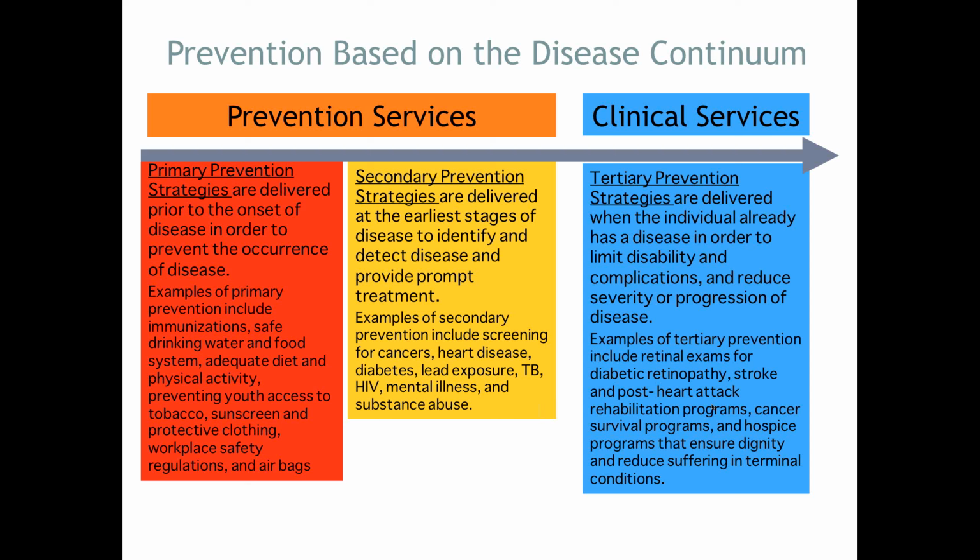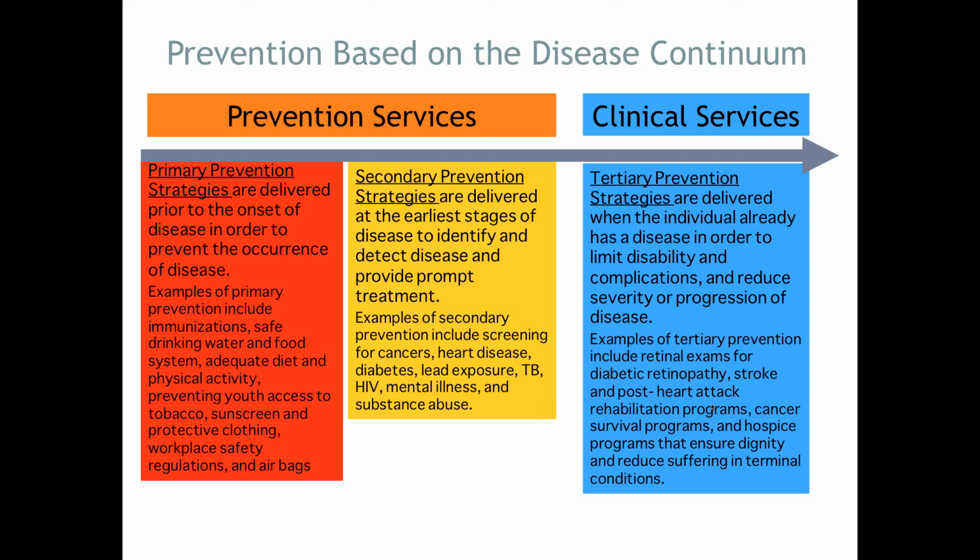So at the very start, over on the left, are primary prevention strategies. Primary prevention strategies are delivered before the disease has emerged, and the goal of these strategies is to prevent the disease from ever occurring. So an example of primary prevention would be immunization.